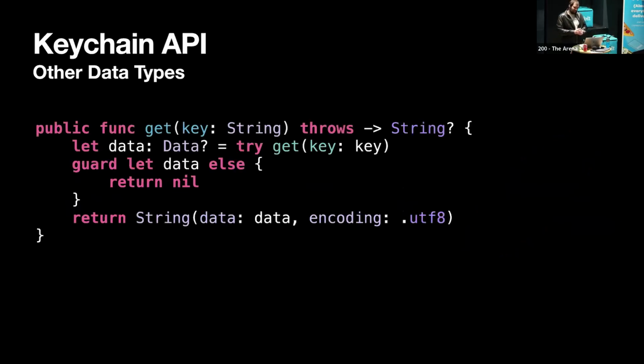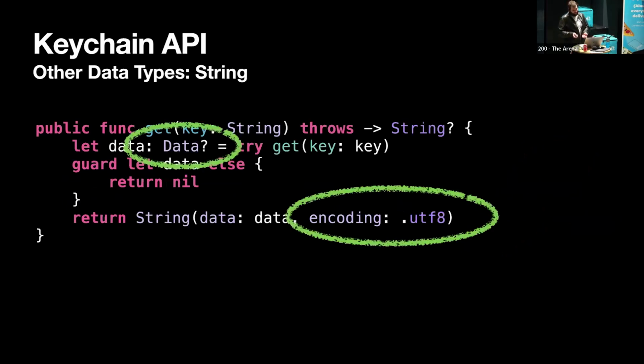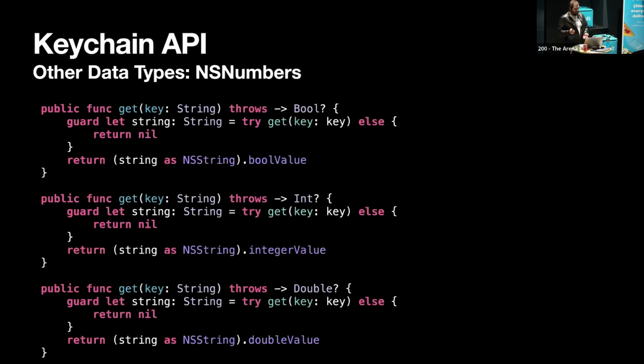And this is how you, for example, might convert a string to data, just using a normal initializer that tries to encode it into a string or decode it into a string. And yeah, you specify the encoding and try to request the data. If you get something, you try to decode it and pass to the client.